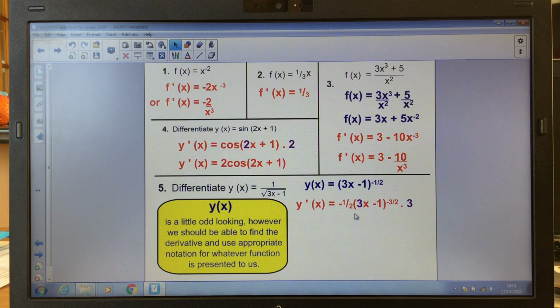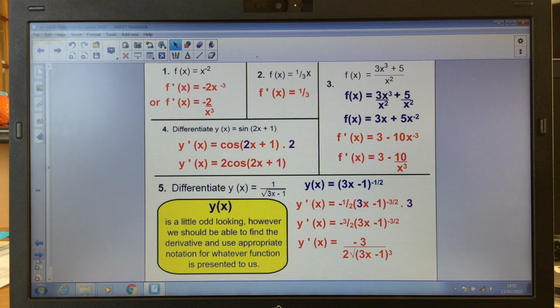The 3 times that is minus 3 halves. If you want to keep it as that, it's acceptable, but I know that you're better than that, so you can keep the minus 3 upstairs and then bring the power downstairs, make it positive, and even put it back into surd form. I'm hoping you got on okay with those.